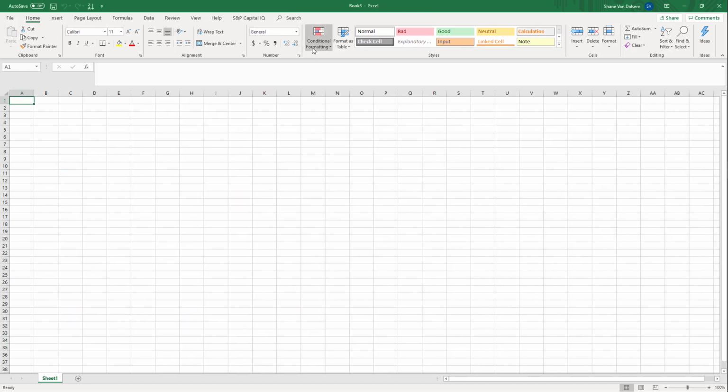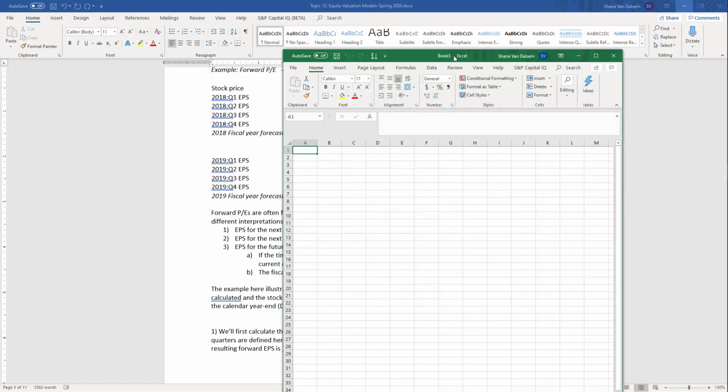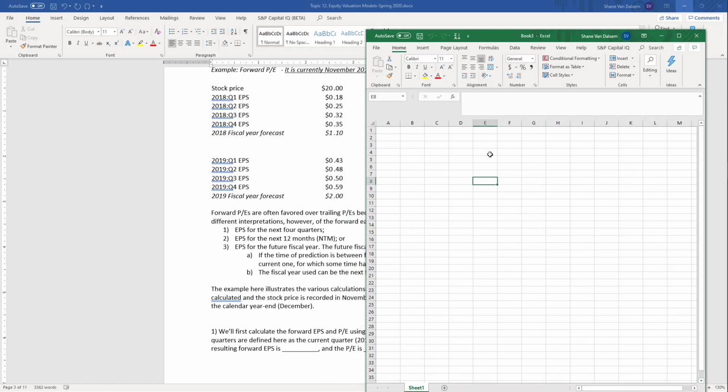So I will calculate this in Excel because it's easier for me to pull up than getting a calculator out. So I have 0.35 plus 0.43 plus 0.48 plus 50 cents per share. And that gives me a value of $1.76.